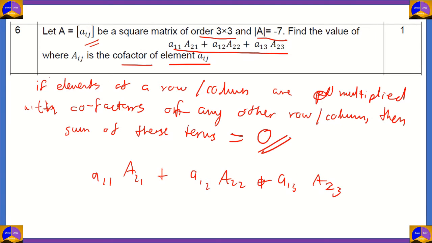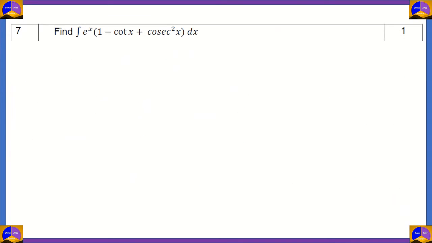So this satisfies the property given here. So according to this property, the whole value of A11 A21 plus A12 A22 plus A13 A23 is equal to a very big 0. So the answer to this question is 0. This is why the Section A questions are extremely tricky, and you need to watch out for all kinds of properties. Let's look at another question.